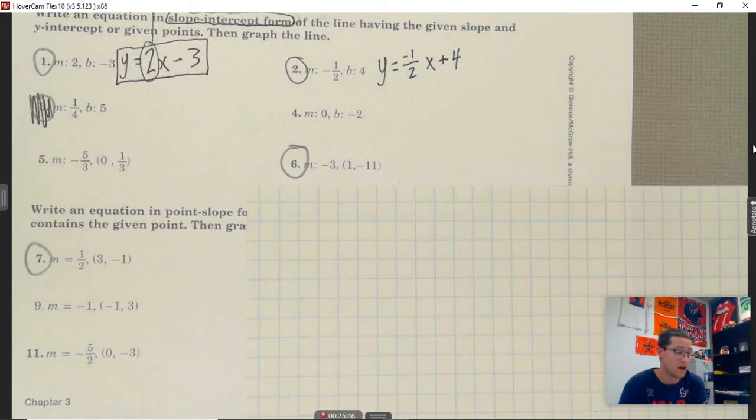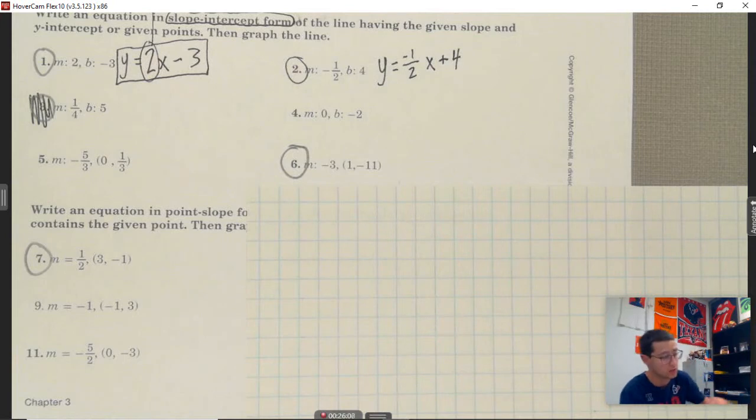But this way might not work for you. I just want to say that there's a lot of different ways to do this. If you can understand the situation with lines and slope and y's and x's and b's and all that and graphs, you can definitely do this a different way. But this is the way I like to do this.